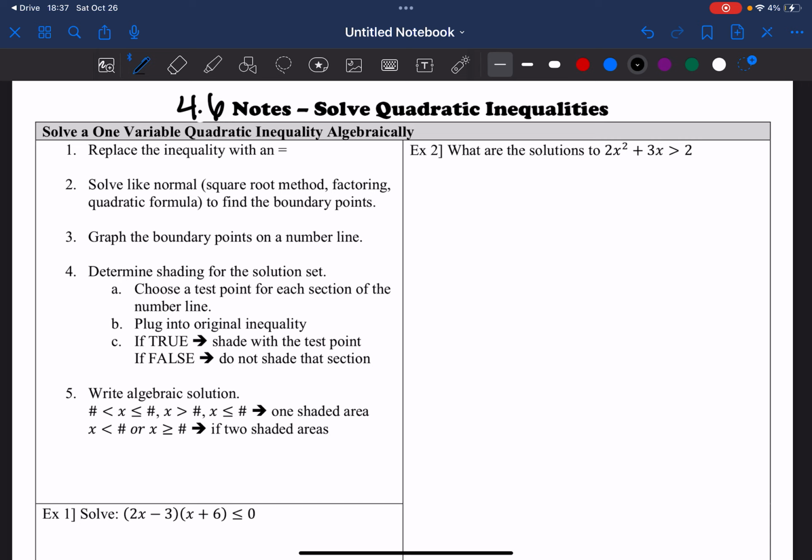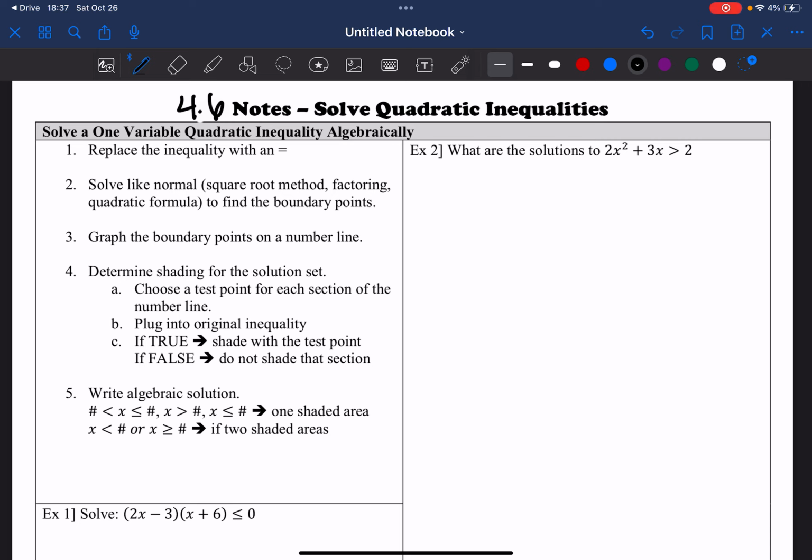Step 2 says solve like normal, whichever solving method you prefer, whether that's the quadratic formula, factoring, or the square root method. Then we're going to graph the boundary points on a number line. We're then going to determine the shading for the solution set by choosing a test point in each section, plugging it into the inequality, and if we get true, we're going to shade with the test point.